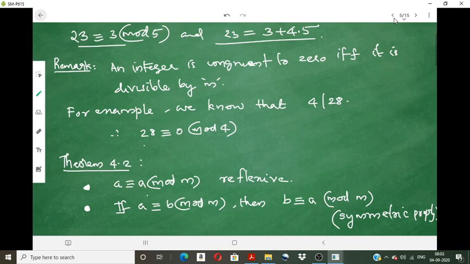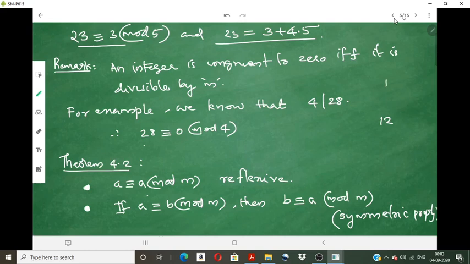These congruence relations, this modulo relation, we are also using in our day-to-day life, because when we are talking about the time we are using modulo 12, isn't it? We have 24 hours of time.